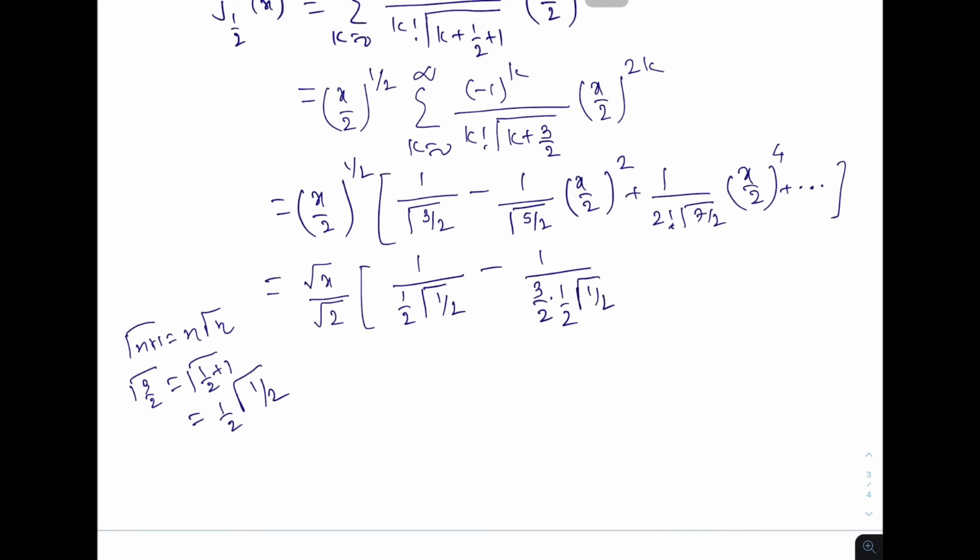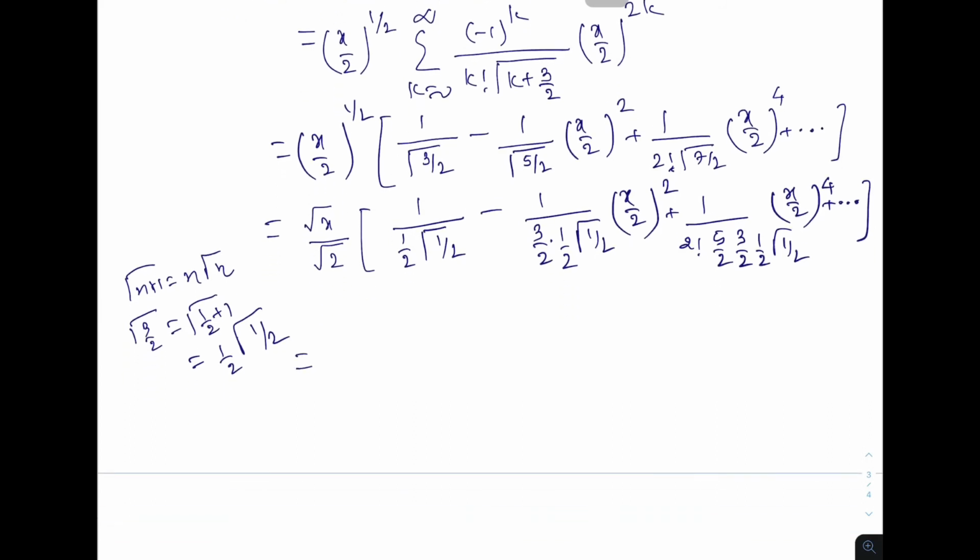Same result, gamma(n plus 1), we are using. And (x by 2) power 2 plus 1 upon 2 factorial, that means 2. Now 7 by 2 gamma, so it is 5 by 2 gamma 5 by 2, then 3 by 2 gamma 3 by 2, and then 1 by 2 gamma 1 by 2, and (x by 2) power 4, and so on. Now this is equal to root x by root 2.